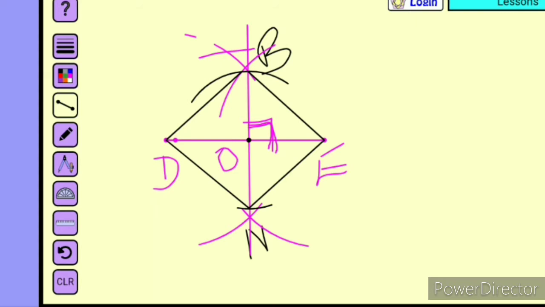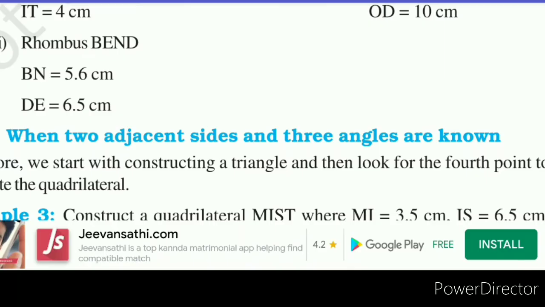That is the position of N and B. Got it? Yes. Without any side measures, using the diagonal measures, we can construct a rhombus. Okay. Yes. Copy down. Next construction: with two adjacent sides and three angles known.